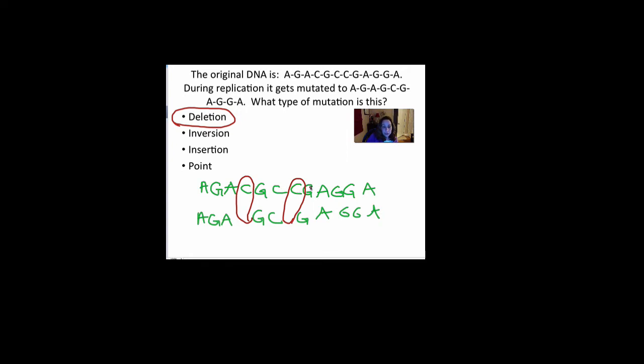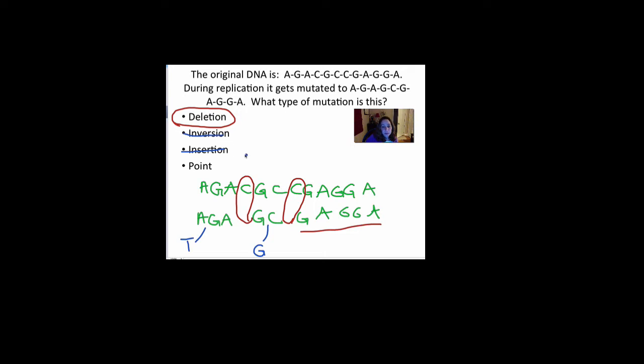Now in inversion, we would see this whole section may have been flipped or inverted, and we didn't see that. And insertion would have been if we had a new nucleotide present. So let's say in this area we had a T, and in this area we had an extra G. That would be an insertion, and that's not what happened.